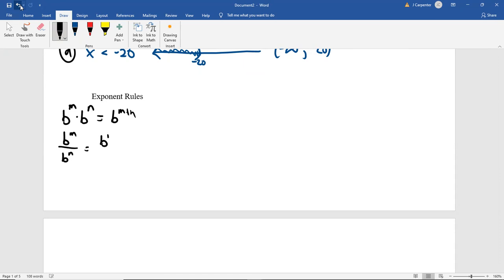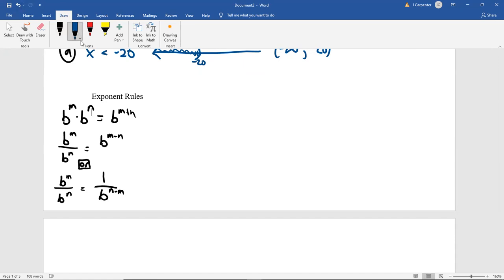You can put the base in the top and subtract the exponents, the top one minus the bottom one, or you can put the base in the bottom and do the bottom exponent minus the top.